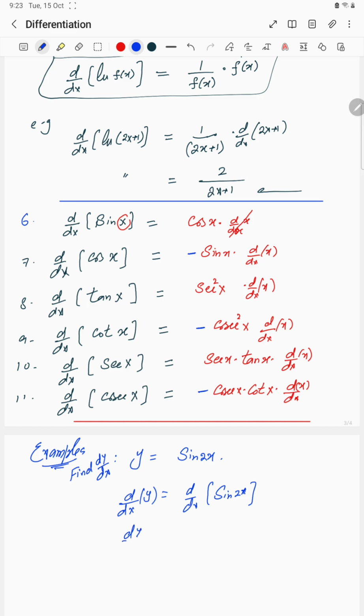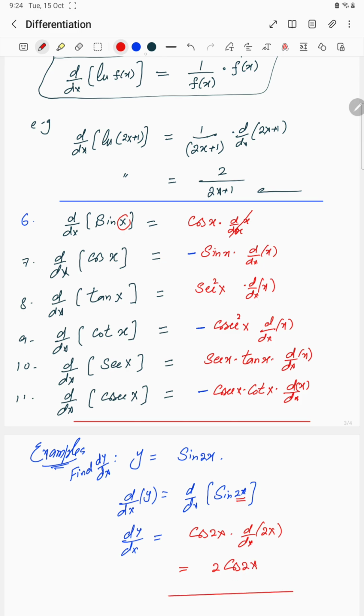The left side is dy by dx, what we are looking for, and the right side will give us the answer. This is sine of angle theta. As rule number 6 says, the derivative will be cosine of theta times the derivative of theta, and here theta is 2x. The derivative of 2x is 2. So our final answer is 2 cos of 2x.